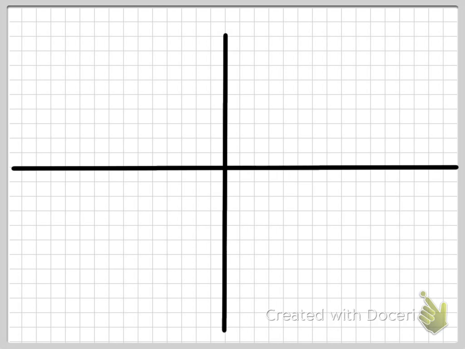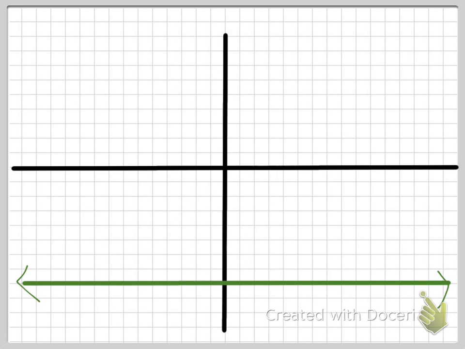Well, first let's put y is equal to -8. 1, 2, 3, 4, 5, 6, 7, 8 down here. You'll forgive me if I miscount, because that's not really what we're focused on.